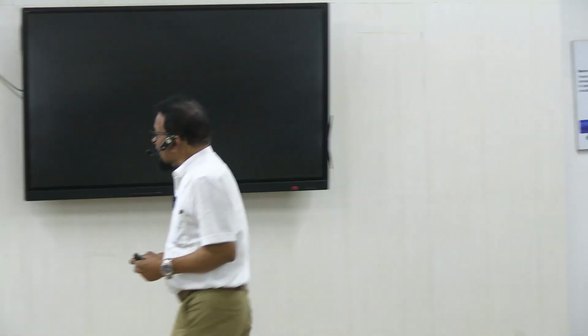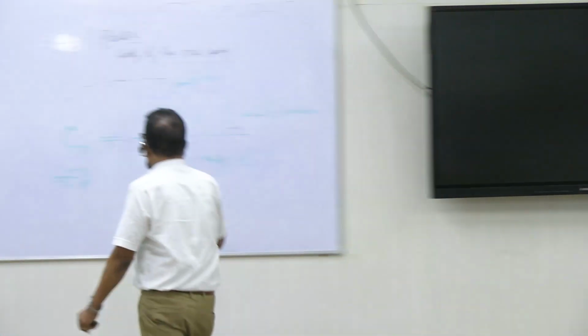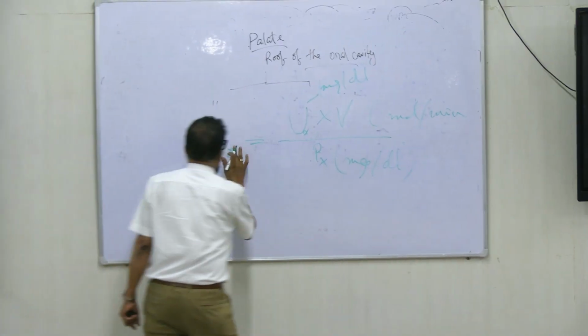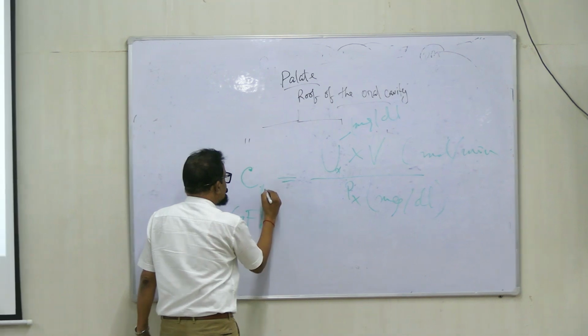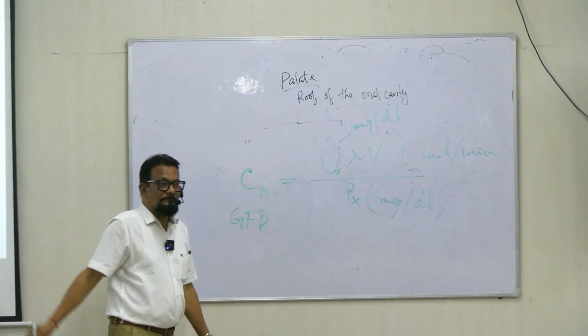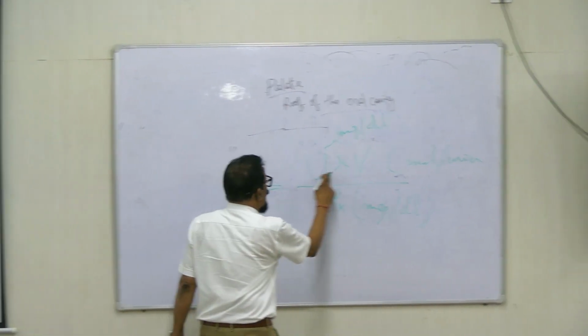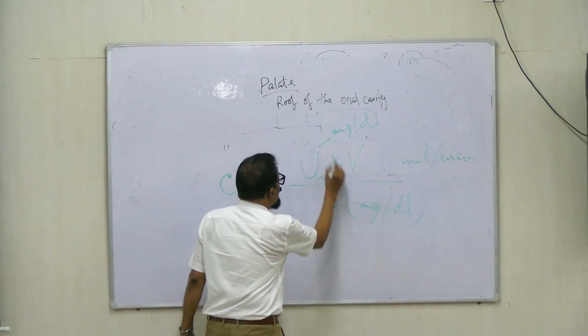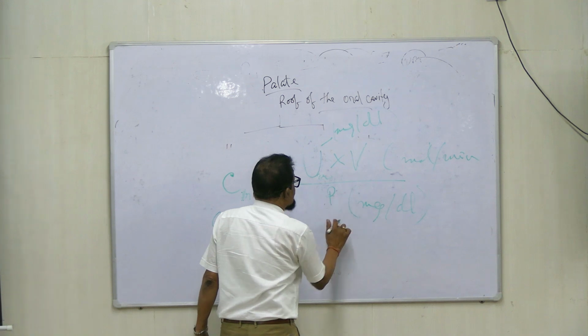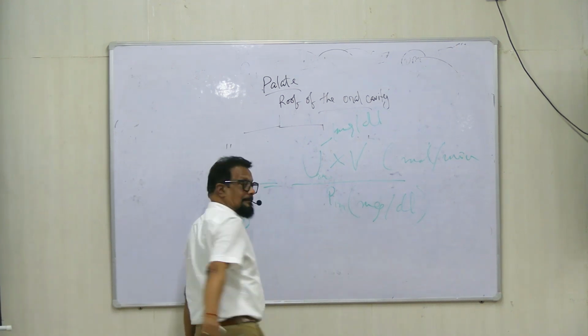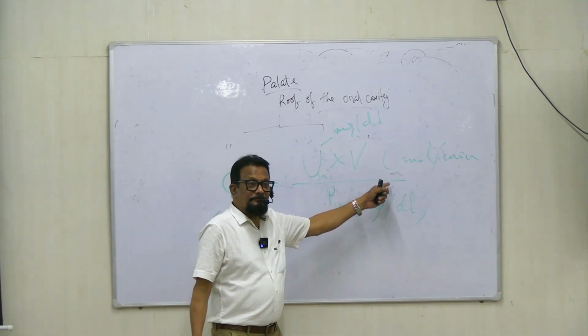Now, if the substance is inulin, you take the concentration of inulin in urine, the concentration of inulin in plasma, and the flow.